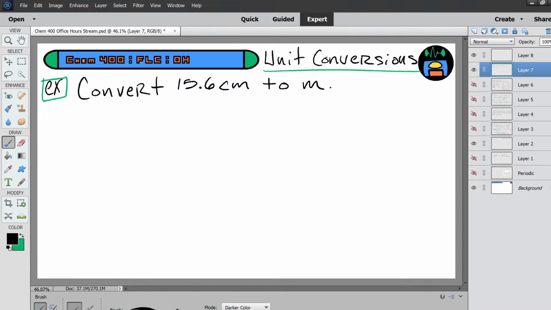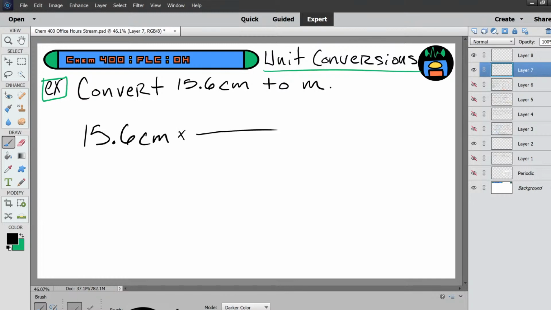Now, here's how you use that prefix table that we were looking at on the slide that came right before this one. All right. So we've got 15.6 centimeters. We want to convert to meters. All right.